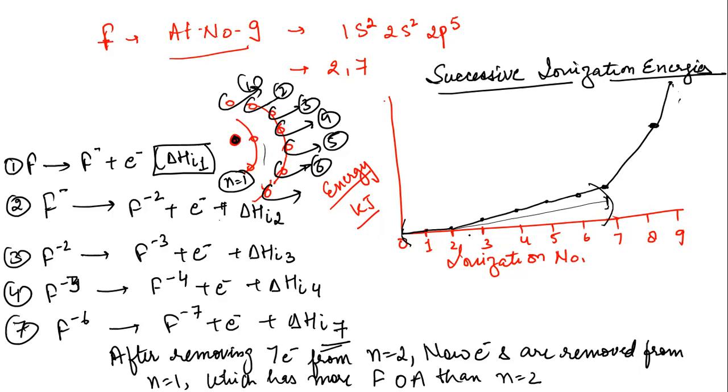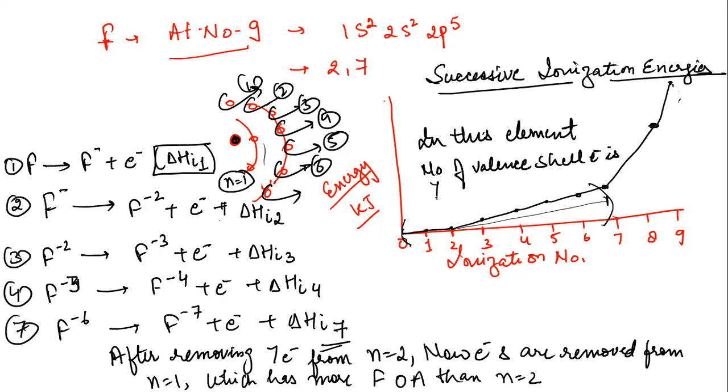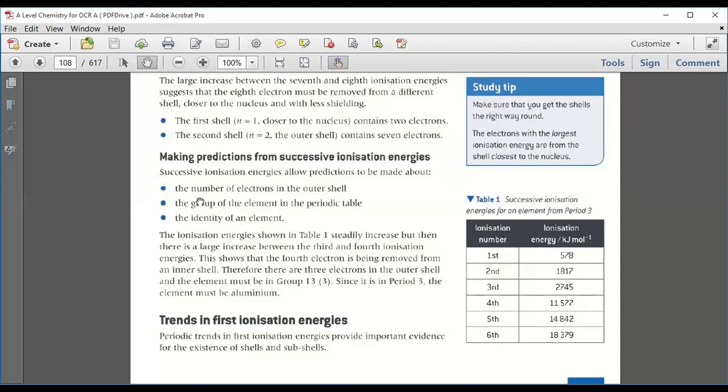So in this way, in the case of fluorine, we can predict that in this element the number of valence shell electrons is 7. Got it? Yes or no? So the first is the number of electrons in the outermost shell.